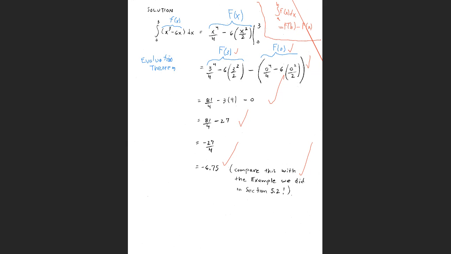Now let me think for just a moment here. Let me bring up something real quick. It's clear that antiderivatives are going to be very, very important. And so that being said, let me go back to the book real quick.